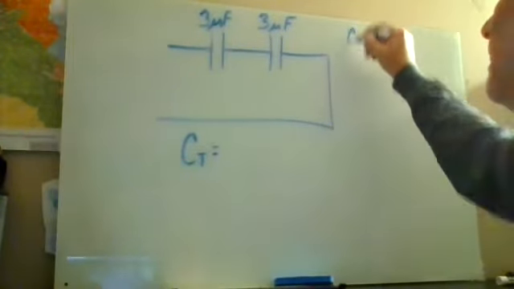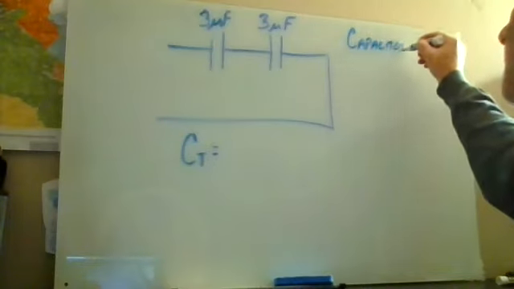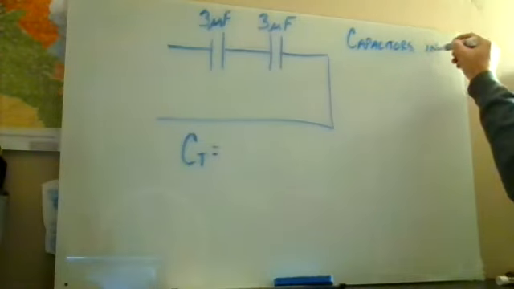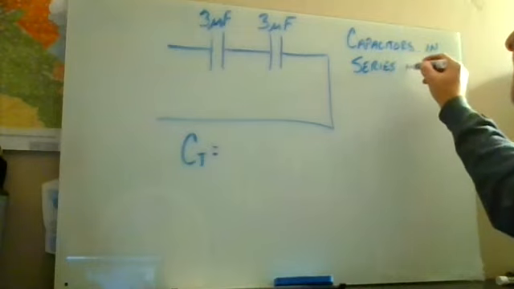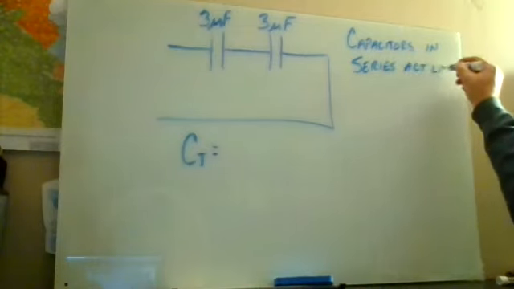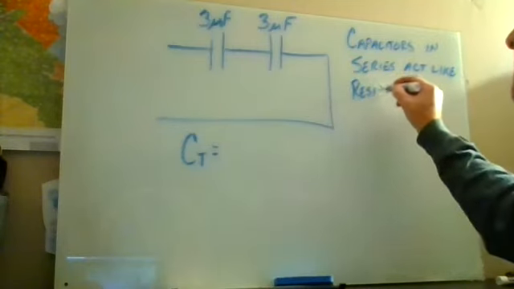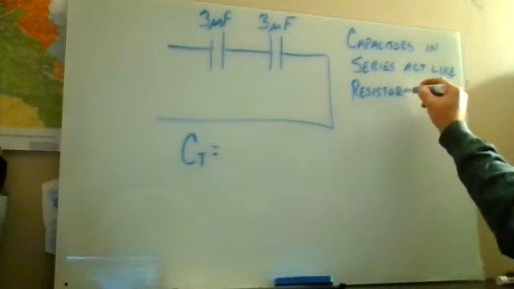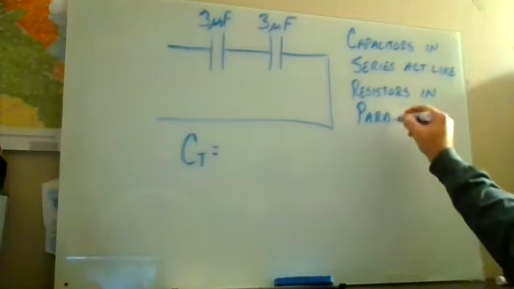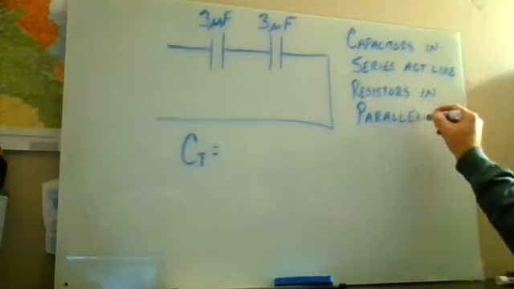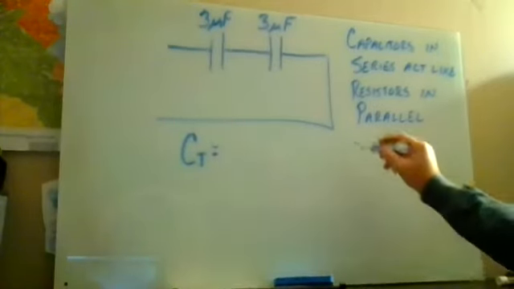Well, I got to remember a few things. Capacitors in series act like resistors in parallel. So how did I find R total in a parallel circuit?